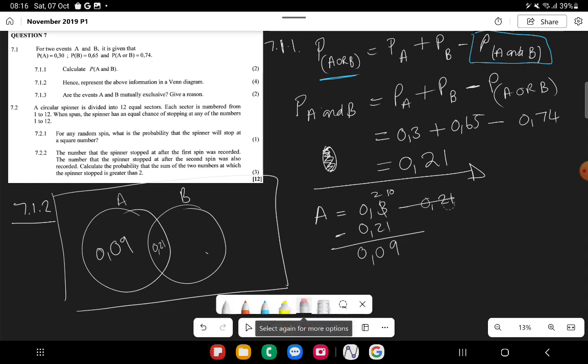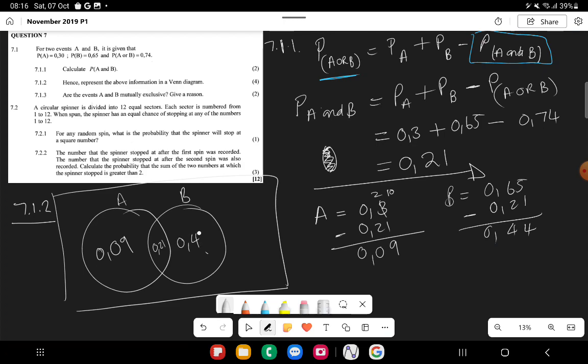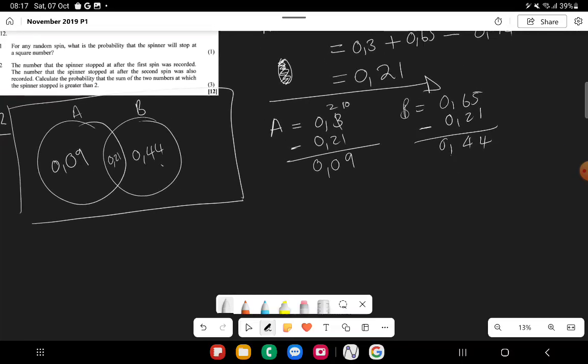The probability that goes into B is going to be 0,65 minus 0,21. So that becomes 4 and 4 and 0. So 0,44. Now the question is, what goes outside, if anything? So I'm going to add them up: 0,09 plus 0,21 plus 0,44.